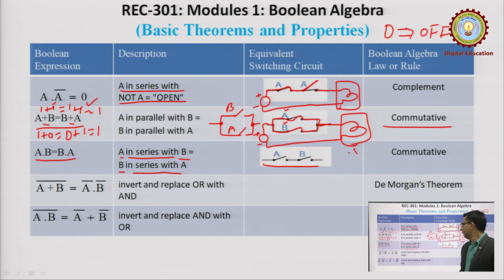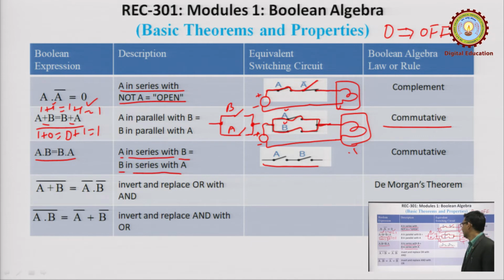So, whenever one is open, the output will be 0. It does not matter whether you connect switch A first to the circuit or B. If both are connected in series, it does not affect. So, either you can write A dot B or B dot A, the output will remain the same in both the cases.